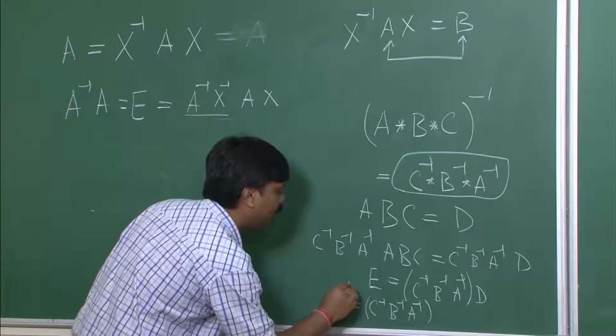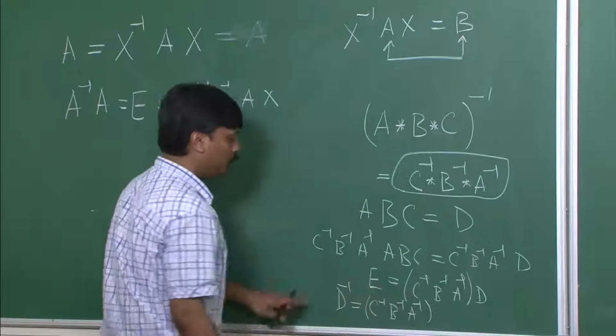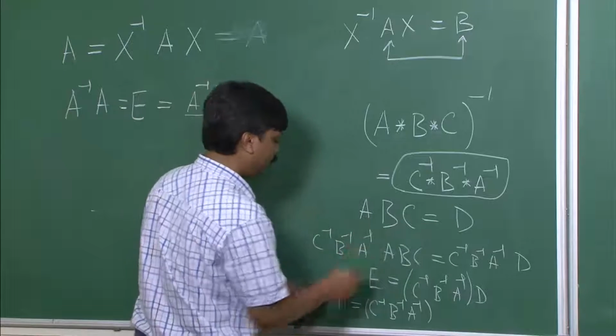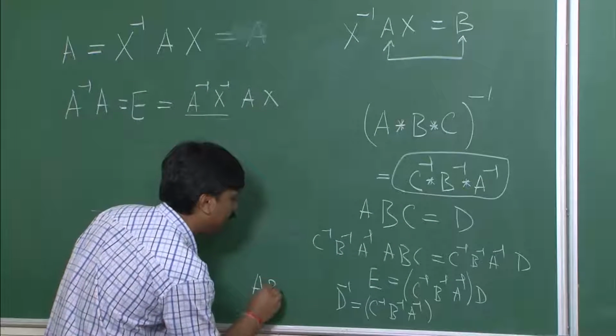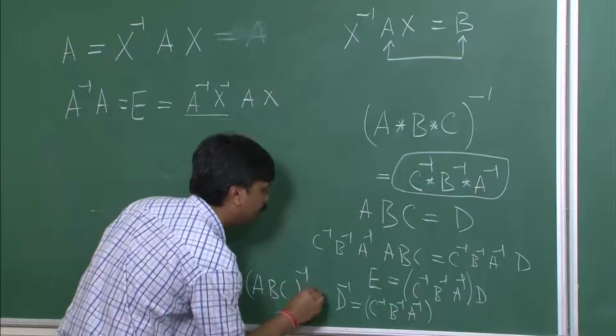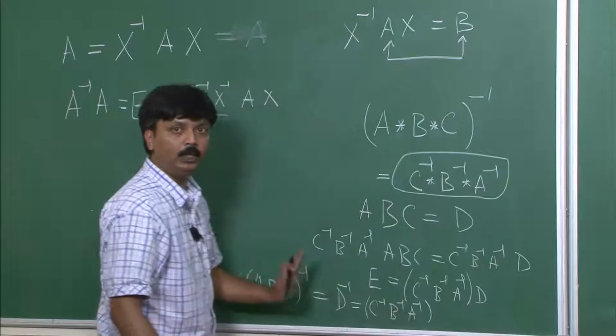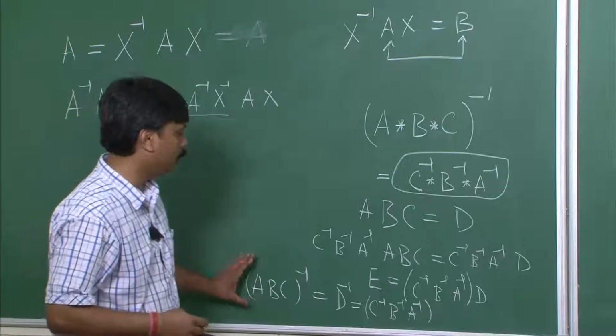So I can write D inverse equals to this. So D inverse means this ABC is D. So that means I have A, B, C inverse equals to C inverse, B inverse, A inverse. That's what we wanted to prove, right?